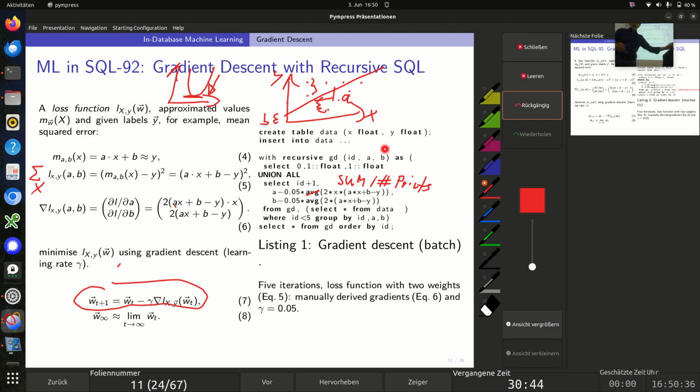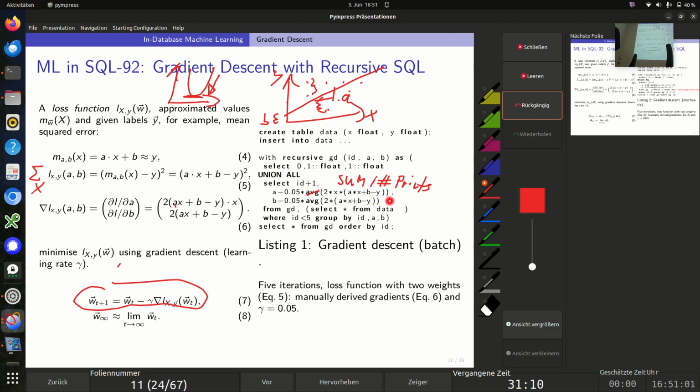And instead of having the sum and then dividing through the number of points, I'm just using the average. Instead, you could also use sum as aggregate function using a smaller learning rate. So you see, taking all the points here, the sum, the total loss, you want to compute the gradient for all points, then you take the sum. As here you see, we take the whole table.